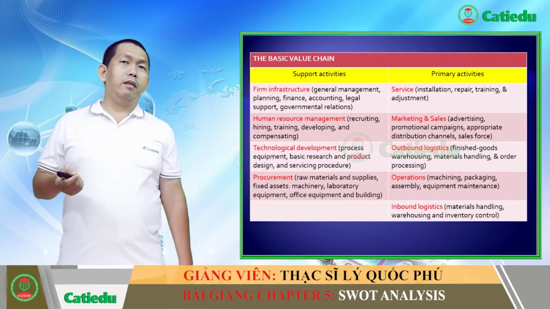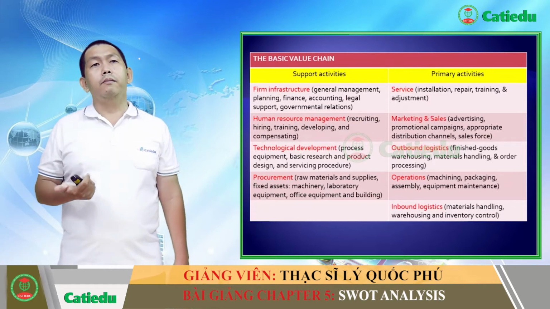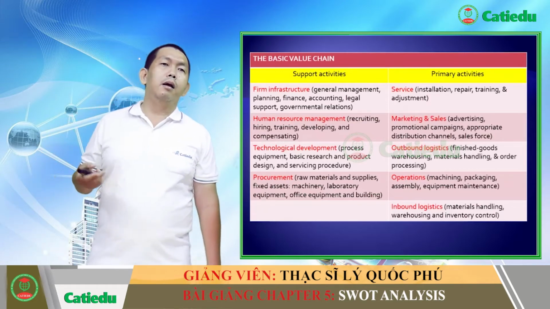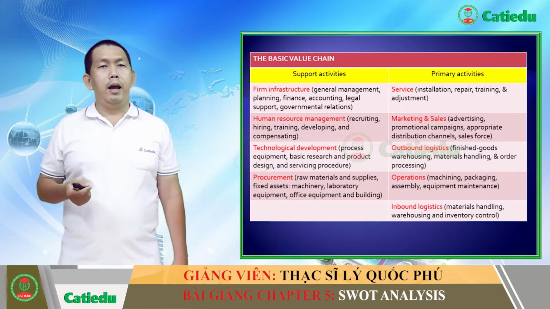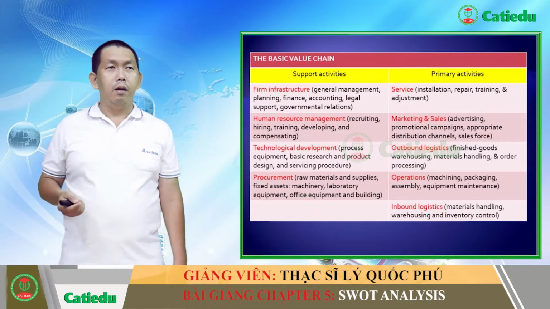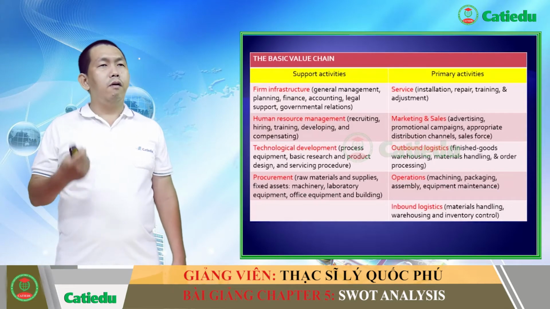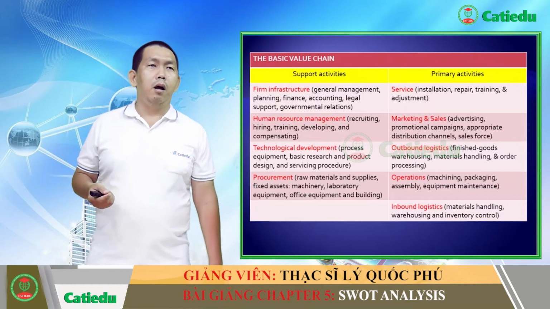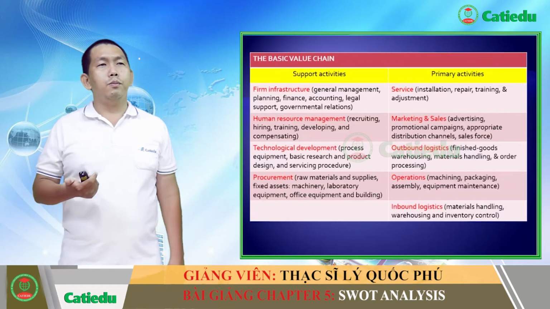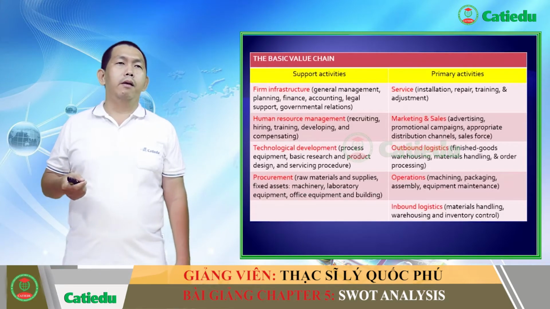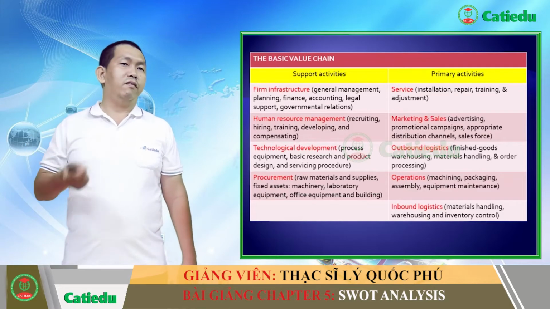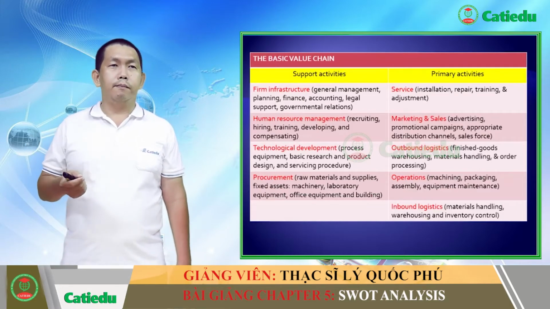From the primary activities, you have the service, marketing and sales, outbound logistics, operations, and inbound logistics. First, firm infrastructure includes general management, planning, finance, accounting, legal support, and governmental relations.